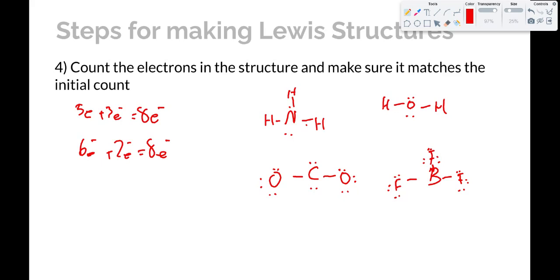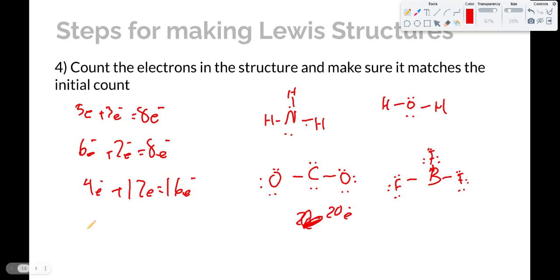So that gives us 20 electrons in our structure. How many should we have? A carbon has 4 electrons. Oxygen have 6 each, so that's 12 total. We should have 16 electrons. There's a mismatch. There's supposed to be 16 electrons, and our structure has 20. We'll have to figure out how to deal with that.